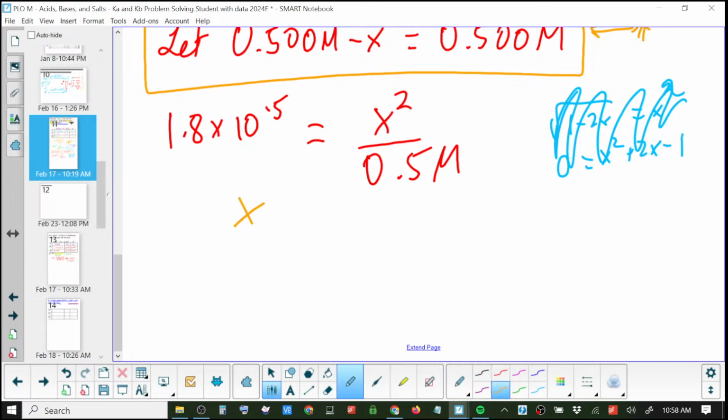What does x equal? What is the pH then? 2.52. Yeah, 2.52.